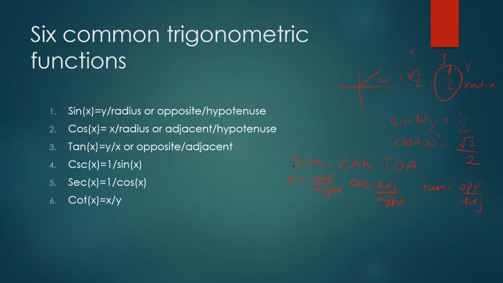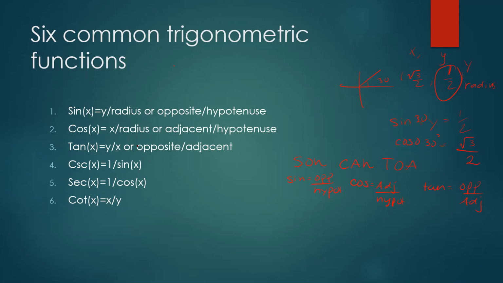Later on, you're going to learn how to find an unknown triangle side, and usually you're going to use SOHCAHTOA, but you can also use this. Sine is y over radius or opposite over hypotenuse. Cosine is x over radius or adjacent over hypotenuse. Tangent is y over x or opposite over adjacent.